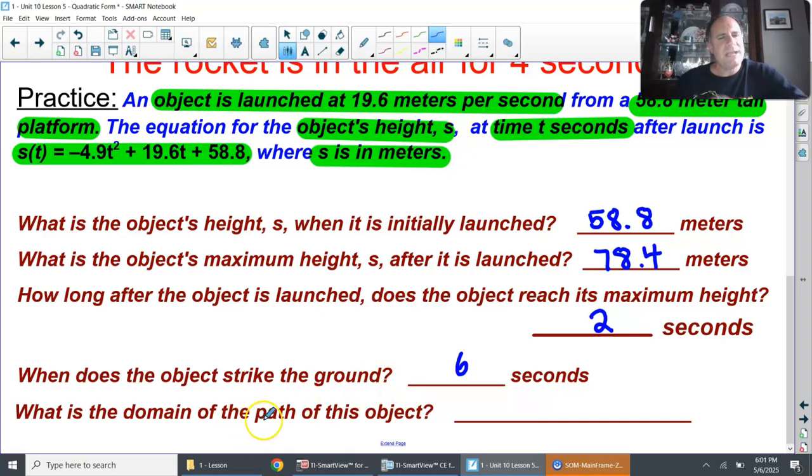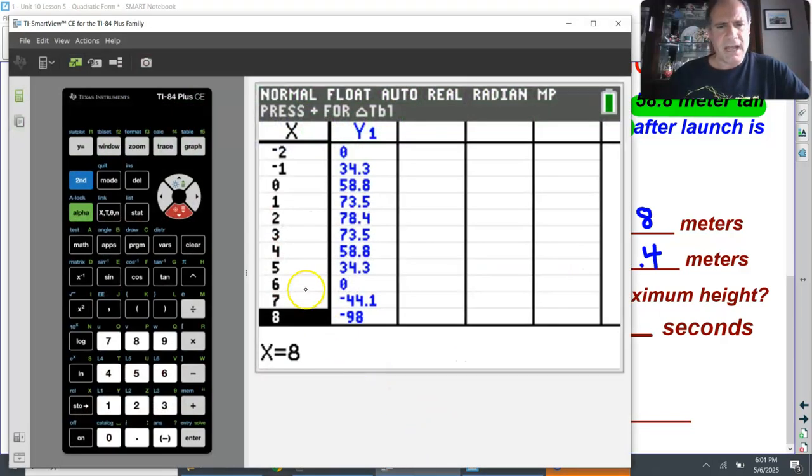What is the domain, remember the X, of the path of the object? So I'm going to put this in a compound inequality. So we're going to have this start at 0. Remember, time is not negative. So 0 is when it starts.